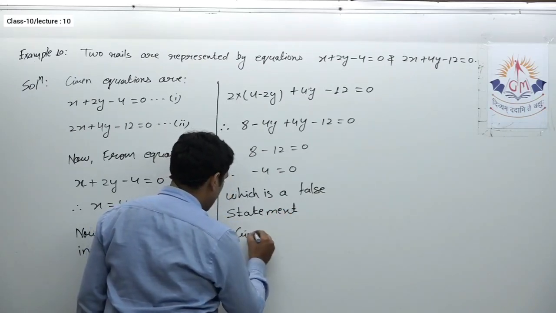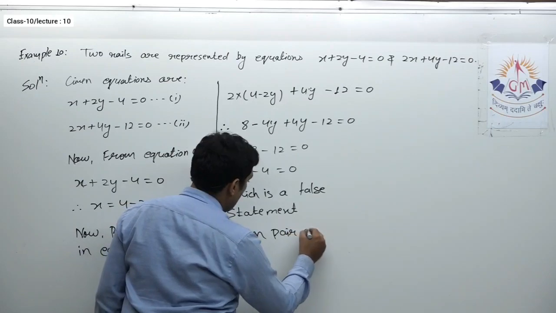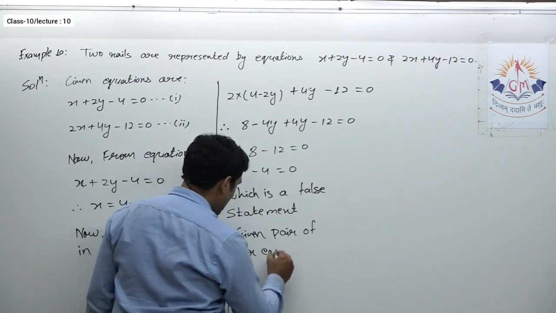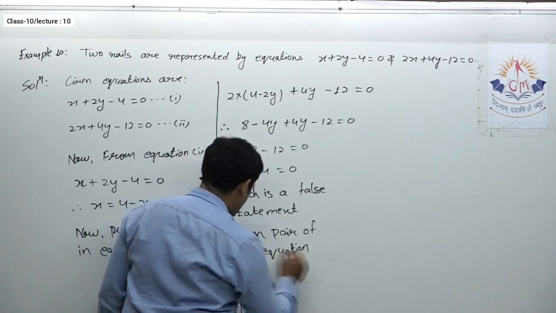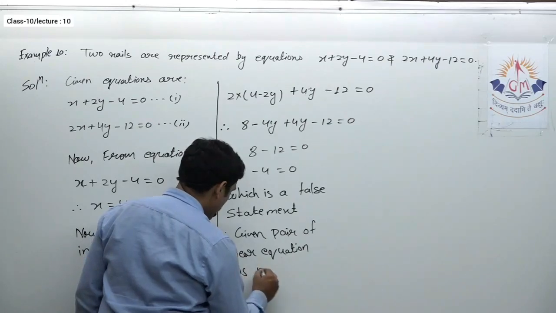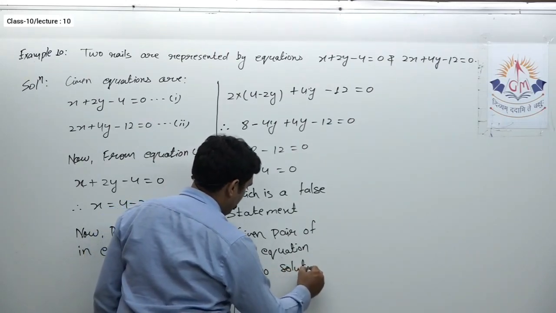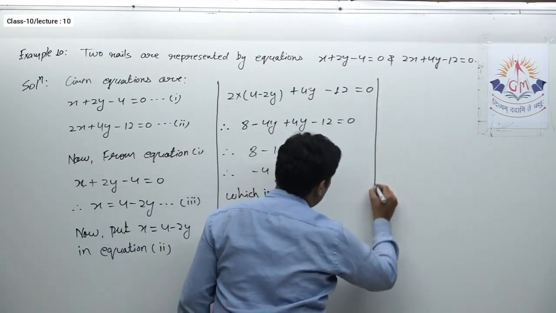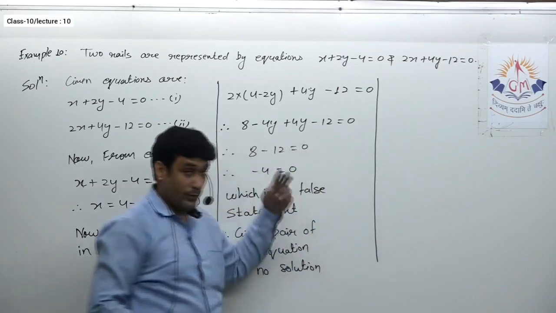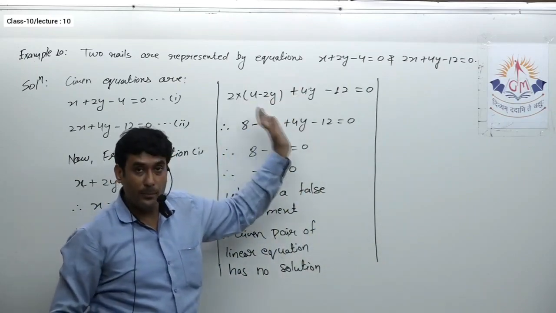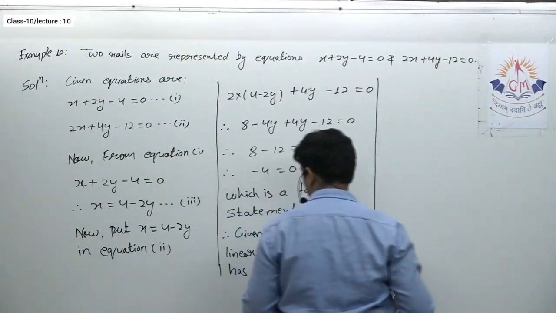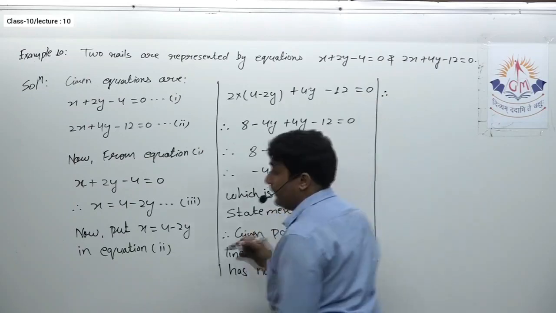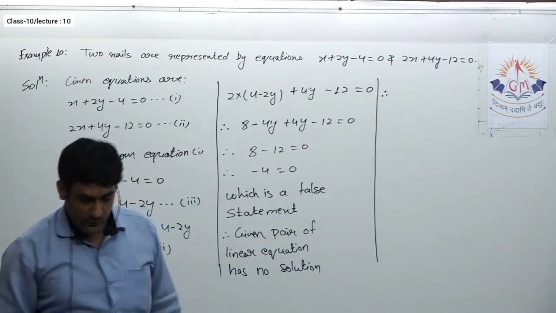Therefore the given pair of linear equations has no solution. No solution means these two equations, or these two rails, are parallel. Therefore the pair of equations has no solution, and hence we can conclude that the rails do not meet each other. So two rails will not cross each other.